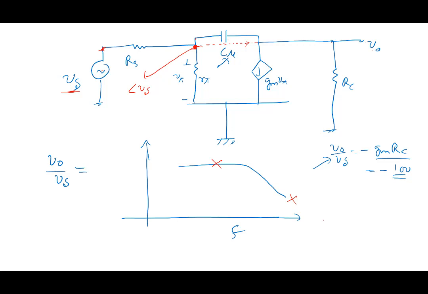Now to find out the 3 dB frequency here, f3dB is 1 over 2π Cμ, fine, multiplied by what?